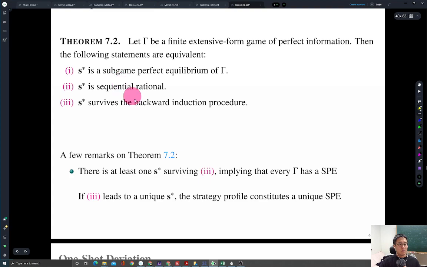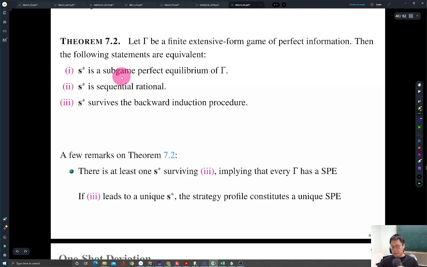And we developed two methods of finding such behavior. The first one is the backward induction procedure, the idea of eliminating non-best responses at each information set, no matter whether that information set is reached or not. So it captures the basic idea of sequential rationality.